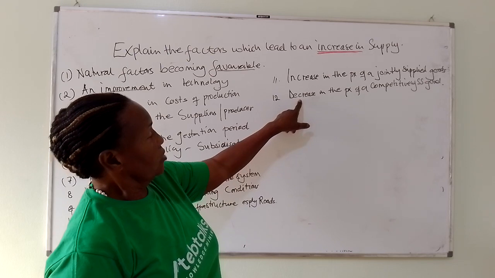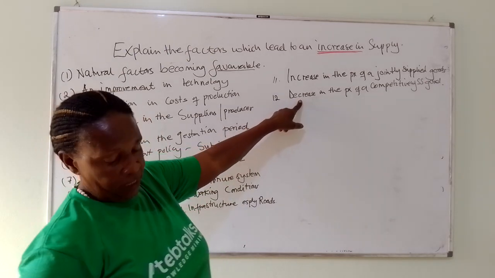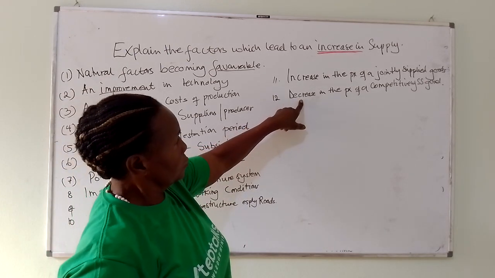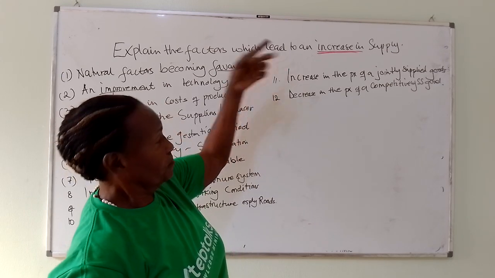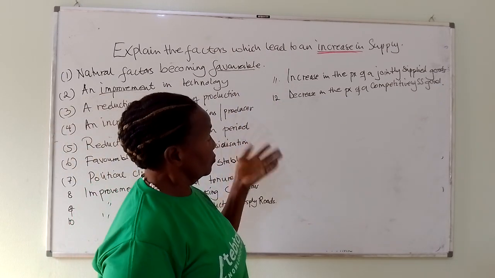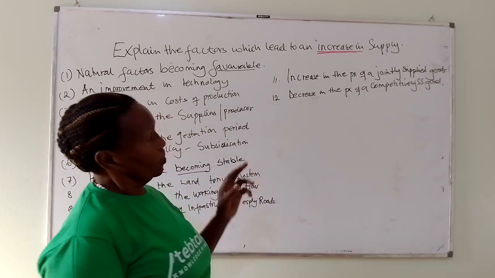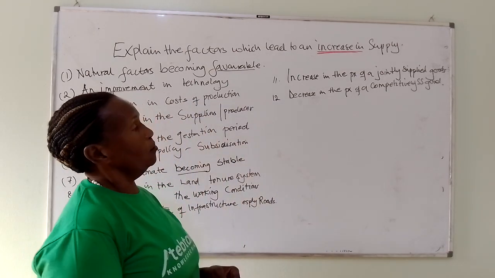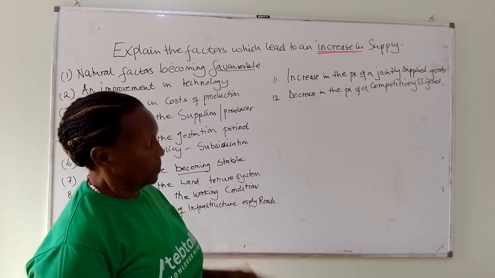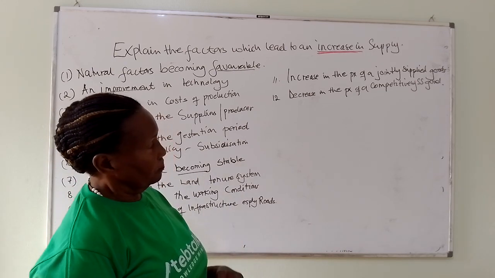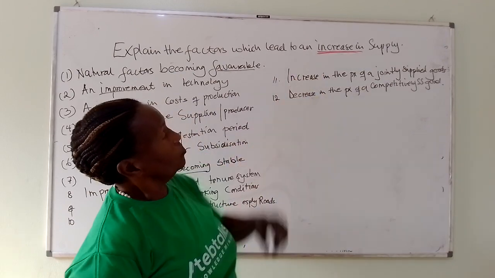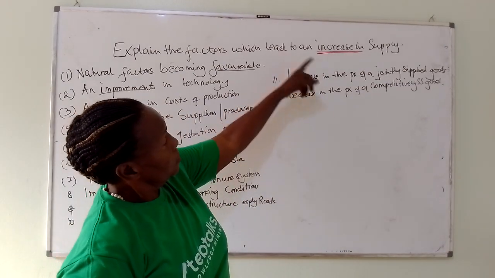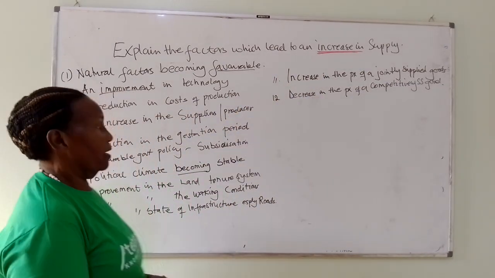So the moment there is a decrease in the price of beans, people will not produce beans whose prices are low. They will instead increase the supply of maize whose price may have gone up. So as the price of one commodity goes down, the other commodity which competes for the same factor for its production will now have its amount supplied, hence leading to an increase in supply.